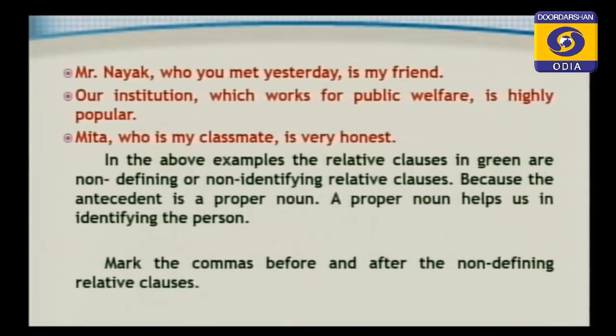So you learn what non-defining, non-identifying relative clauses are and how they are separated from main clauses by using a single comma or by using two commas on both the sides. So students, do not forget to put a comma in case of non-defining relative clause.